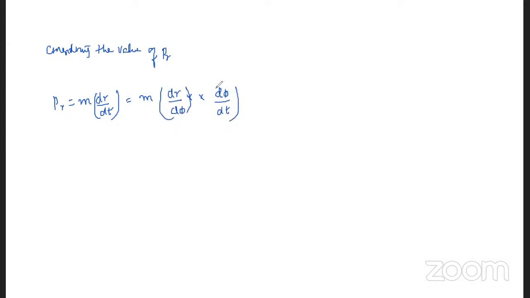We are just multiplying and dividing by d phi. So this is m into dr by d phi as it is, and the d phi by dt we have already derived just now.